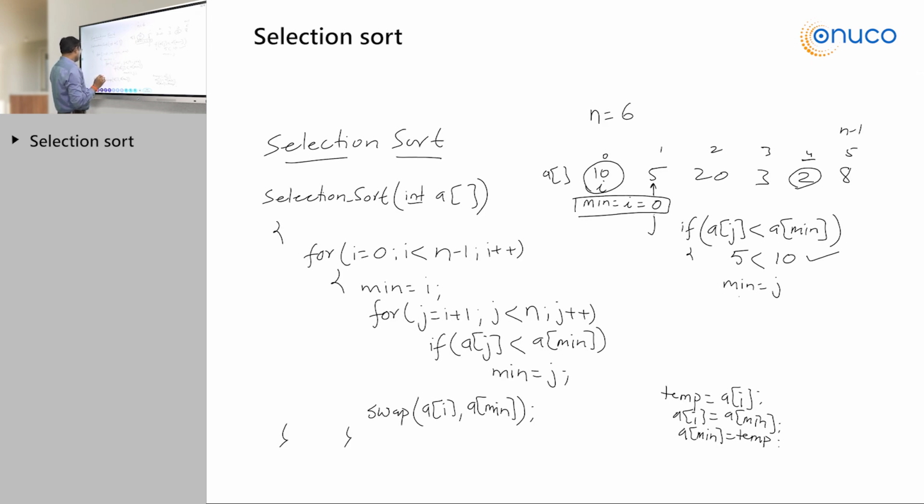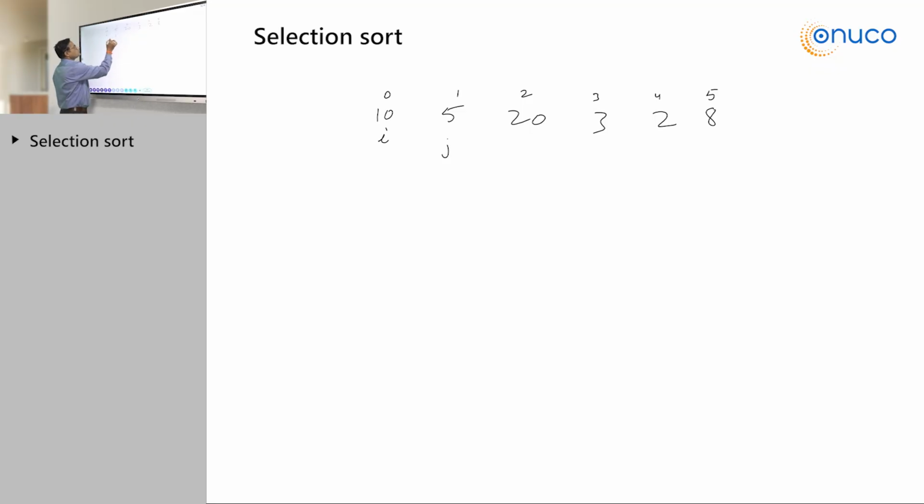But before that, what will happen here? We are going to write min values. Min is a variable. We are going to write min is equal to i. And what is the value of i here? We are talking about the index. j is 1, i is 0. So min is 0. Now, based on that algorithm, you are going to compare A of j with A of min.